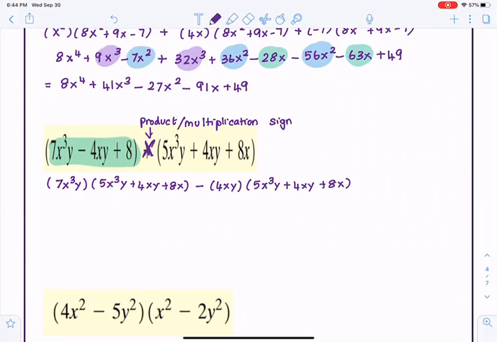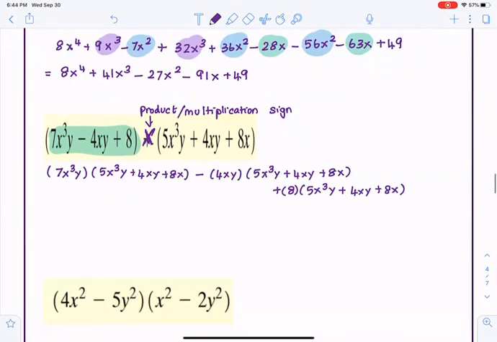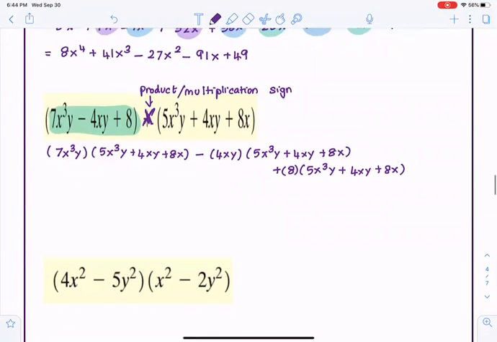And we have 8, so plus 8, 5x cubed y plus 4xy plus 8x. Now we just have to distribute, and the last step would be to simplify.